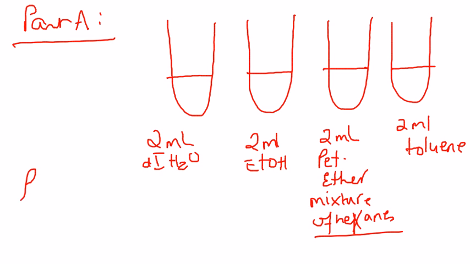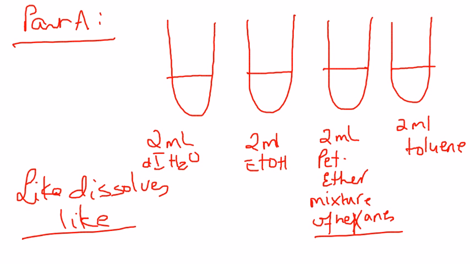I said like dissolves like. Like dissolves like. That means if you have a polar compound, it would more likely go into polar solvents. On the other hand, if you have a non-polar compound, you're more than likely going to be able to use toluene and petroleum ether to be able to do that.